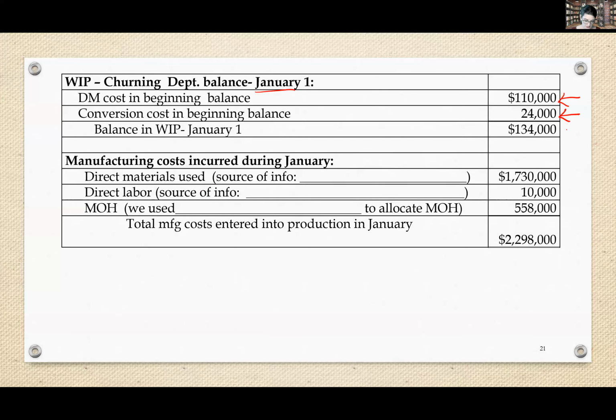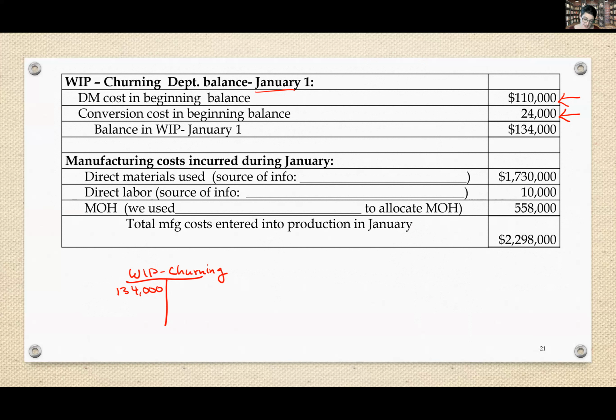What did we incur? So if we think about this as a T account, so this is our work in process churning. Right? Our beginning work in process is 134,000. Right? And 110 of that again represents direct materials and 24,000 represent our conversion cost.